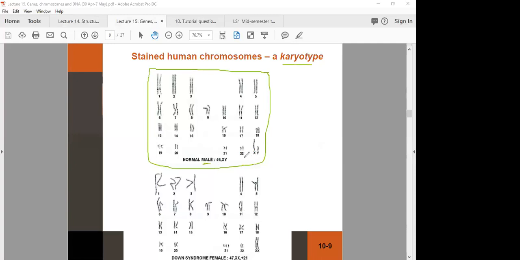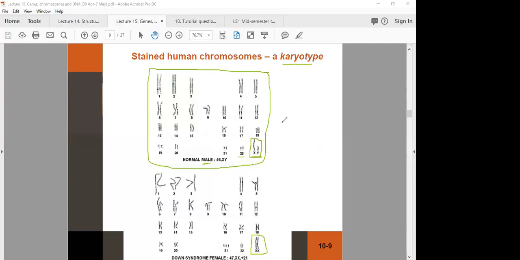And we can see that there are 22 pairs of chromosomes, plus an additional 2 chromosomes, which are called the sex chromosomes. In males, the presence of an X and a Y chromosome determines maleness, determines gender. If those chromosomes were extracted from a female, then the sex chromosomes would be 2 X chromosomes rather than the X and the Y.